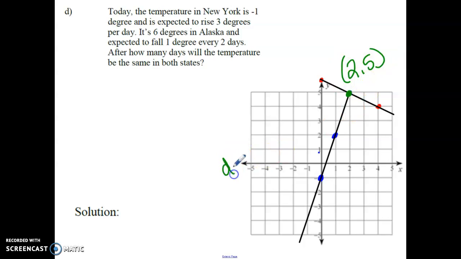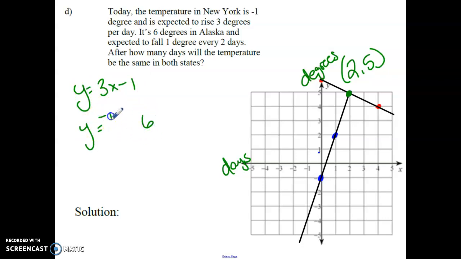Now, when we were doing this, this is what we use. Okay, so our temperature for the first one was starting at negative 1 and it was rising 3 degrees every day. So we're going up 3 every day, starting at negative 1. The second one started at 6 and fell 1 degree every 2 days.